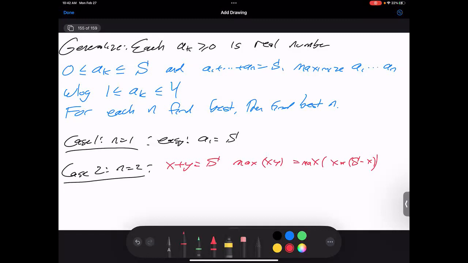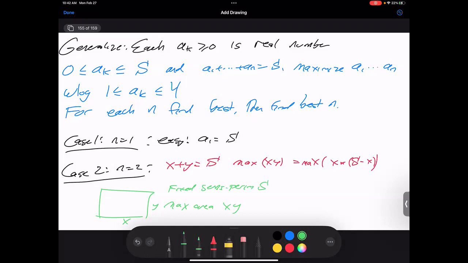Farmer Brown loves rectangles and will not consider any shape other than a rectangle. And you have a fixed semi-perimeter. You want to maximize the area x times y. So what object maximizes? Anybody know the shape?